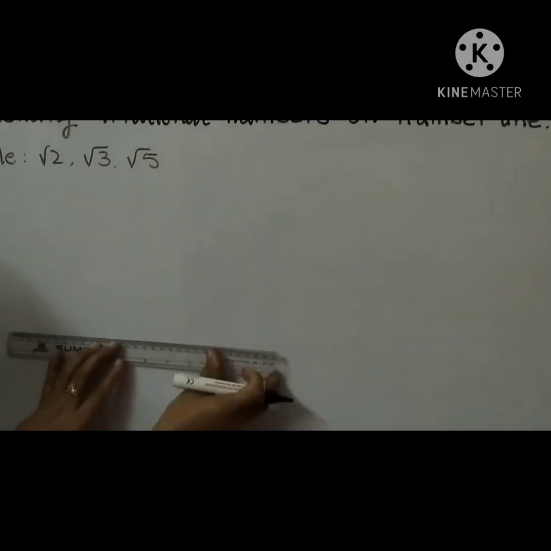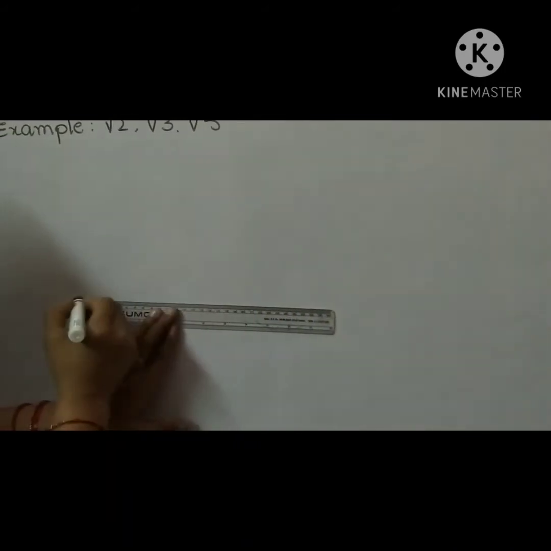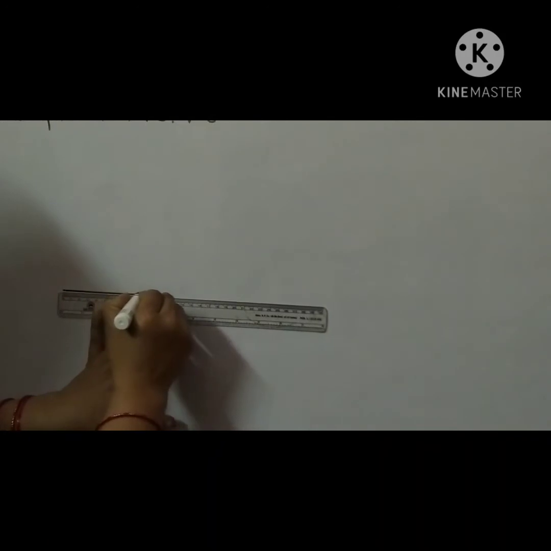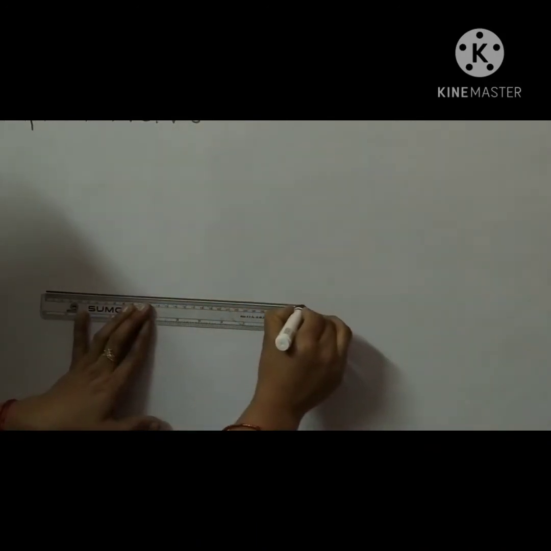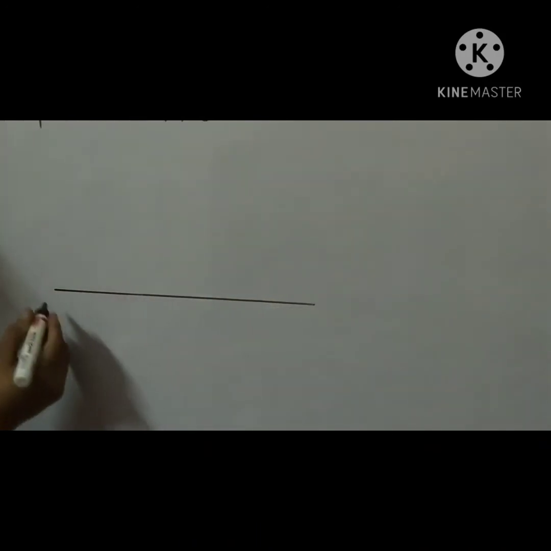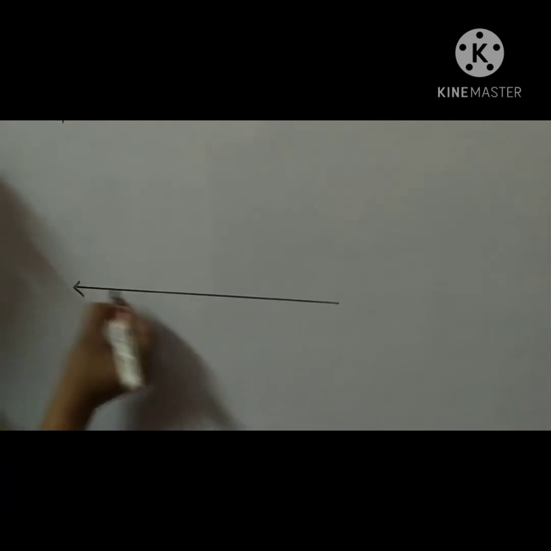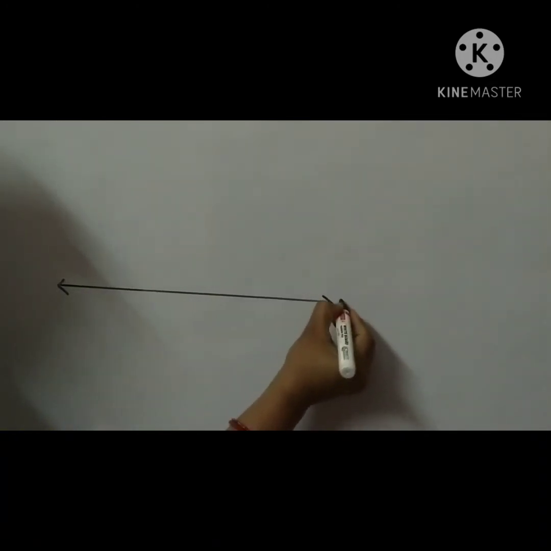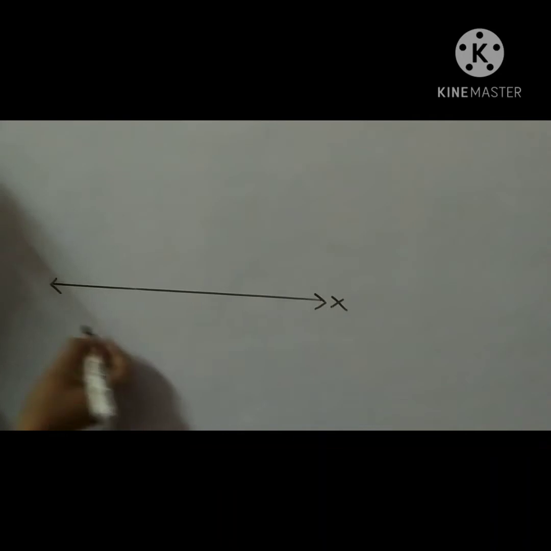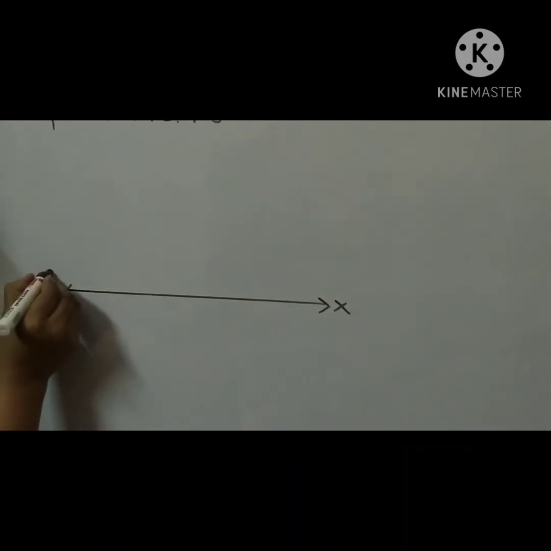Here, draw the number line. It is called a horizontal line. It is marked as X and X dash, or X complement.